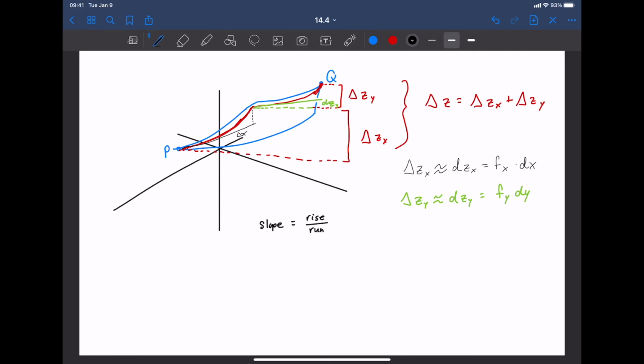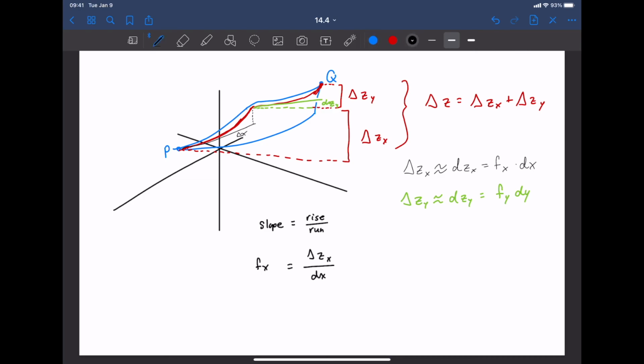We'll keep it in plain Jane language here, so that if I want to estimate our change in z with respect to x, the run would be dx, and the slope would be f sub x, right?